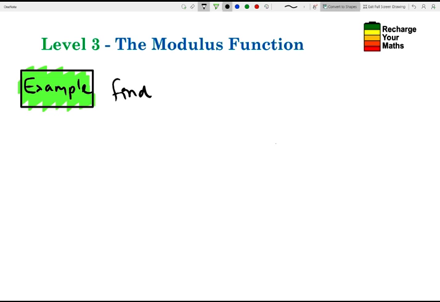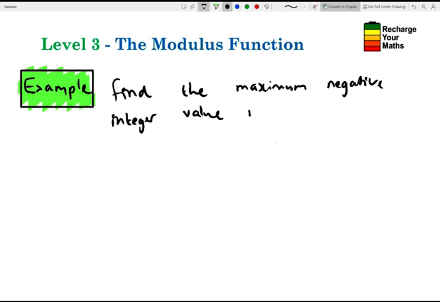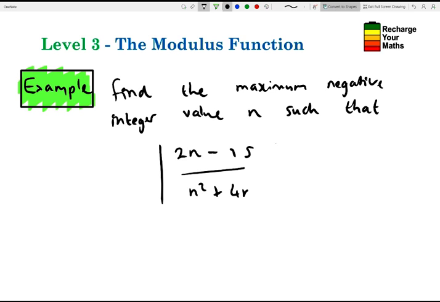Find the maximum negative integer value, and we'll say n, such that the following, so the modulus of (2n minus 15) divided by (n squared plus 4n) is less than 1.